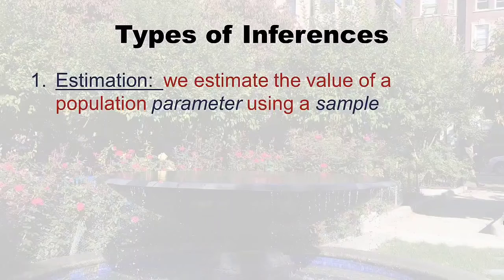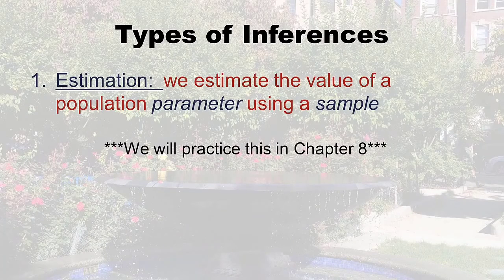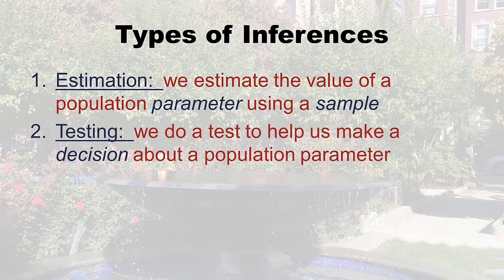So there's three different kinds I'm going to talk about. The first kind is estimation, where we estimate the value of a parameter using a sample. So the sample is kind of like the smoke and the parameter is the fire we can't see. So we estimate it, okay? And we're going to talk about that in chapter 8 more. A second type of inference we do is testing, where we do a test to help us make a decision about a population parameter.